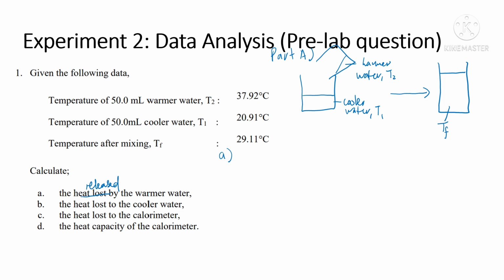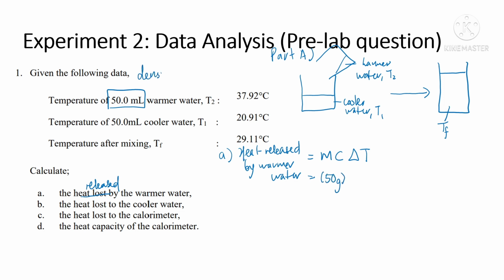To calculate the heat released by warmer water, we can use the formula: mass of warmer water multiplied by specific heat capacity of water multiplied by change in temperature. The mass of warmer water, 50 ml, is equal to 50 gram because the density of water is 1 gram per ml. The specific heat capacity of water is 4.18 joule per gram per degree Celsius.